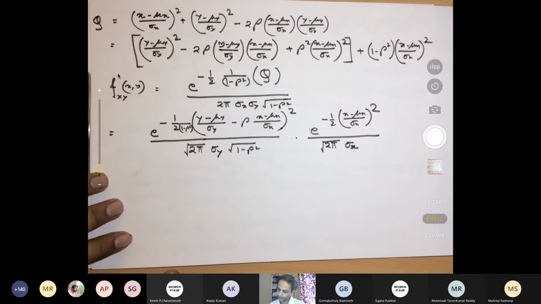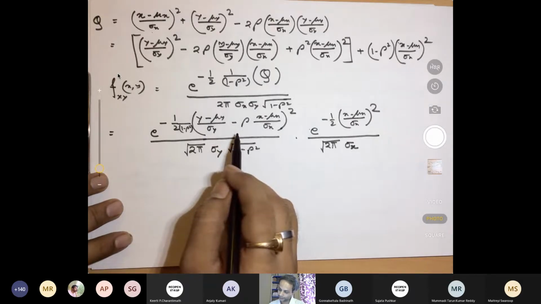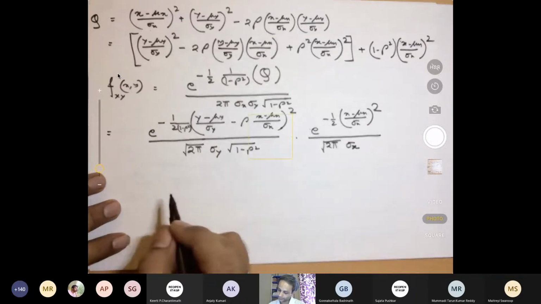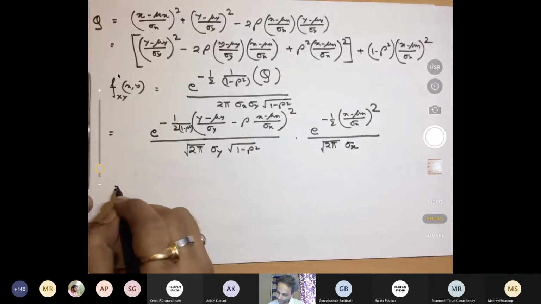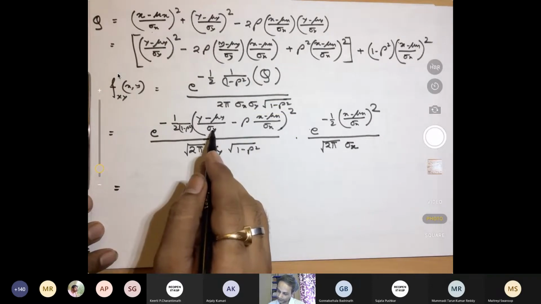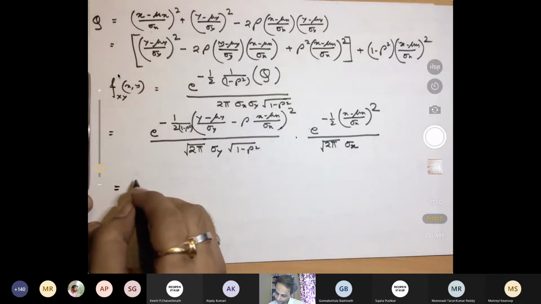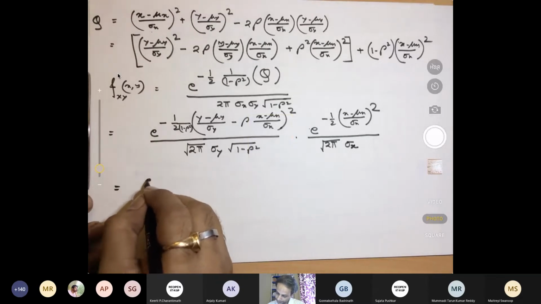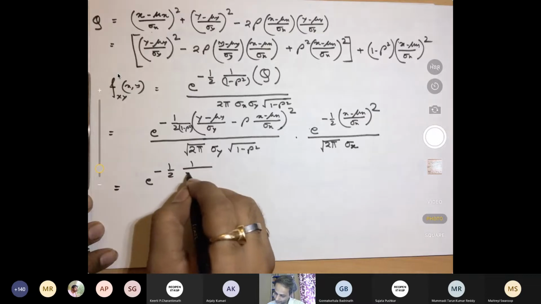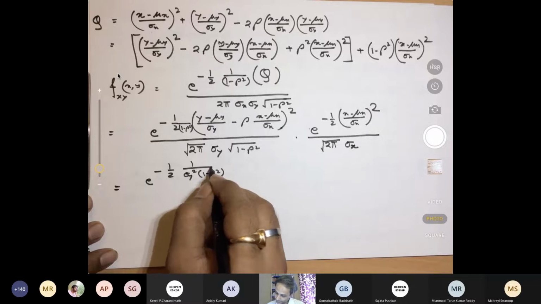Okay. Now from here, let us try to see what adjustment we can do. If we take sigma y out from this expression, then we will be able to write it as e to the power minus half, 1 upon sigma y square 1 minus rho square.